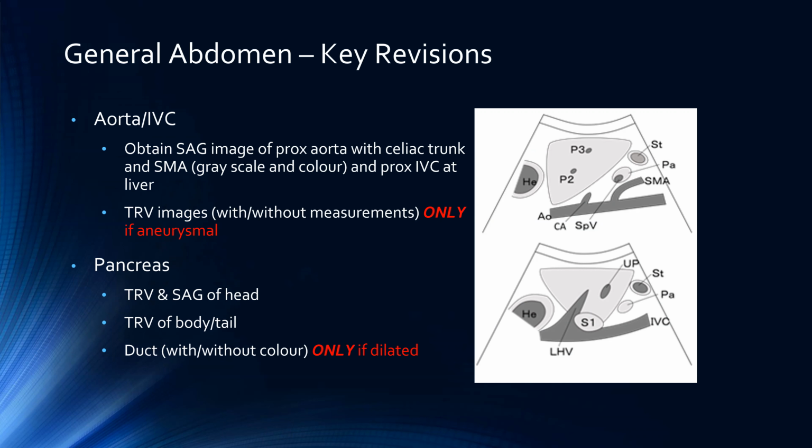Starting in the midline epigastrium, just going over the expected images. SAG images of the aorta and IVC should be obtained at the level of the epigastrium, with and without color.